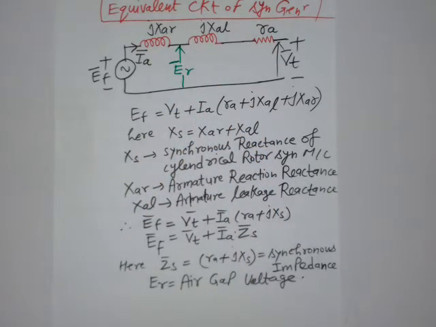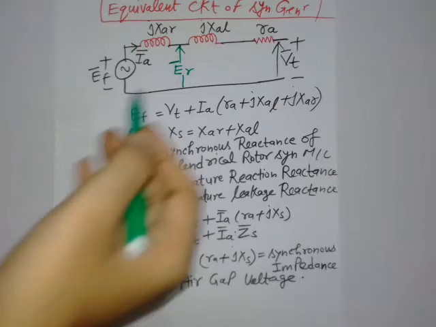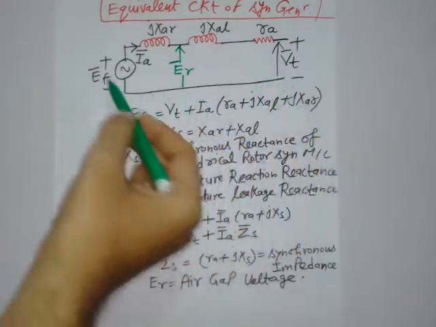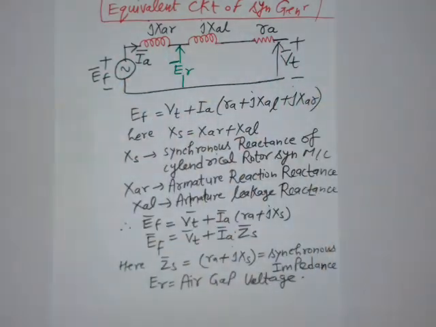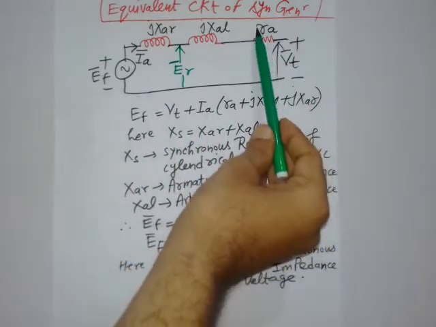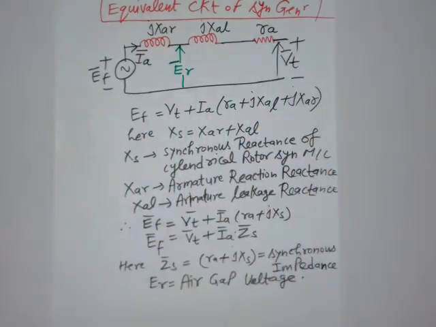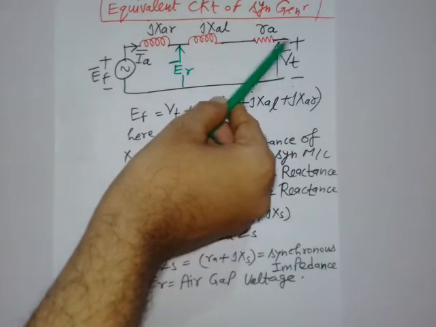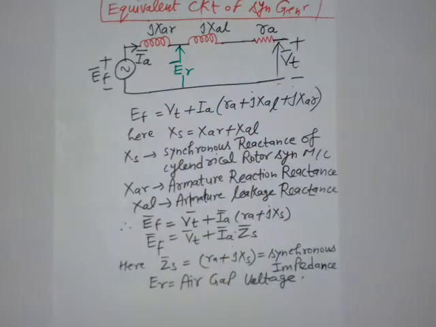Now when you apply Kirchhoff's voltage law in this whole loop, you will get the circuit equation. RA is the armature resistance, and finally you will get the voltage at the terminal. When the rotor is rotated by the prime mover at synchronous speed, it is cutting the stationary stator conductors.